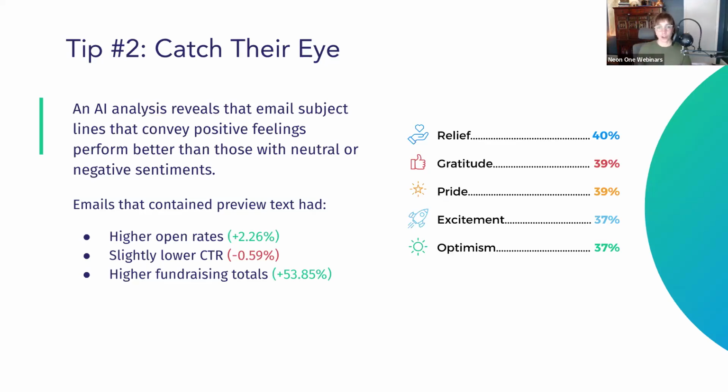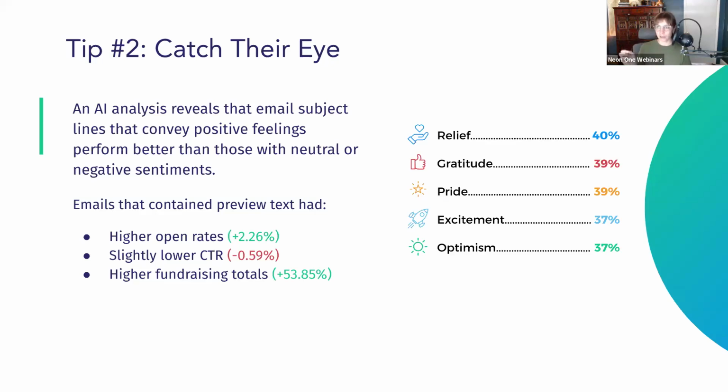The other thing I would encourage you to do is make sure you're customizing the preview text of your email. Your preview text, if you're not familiar with what that is, is the little snippet of content that you'll see next to a sender and the subject line in most email clients. I can't think of one that doesn't show you your preview text. If you don't add preview text, you don't have a ton of control over what happens.